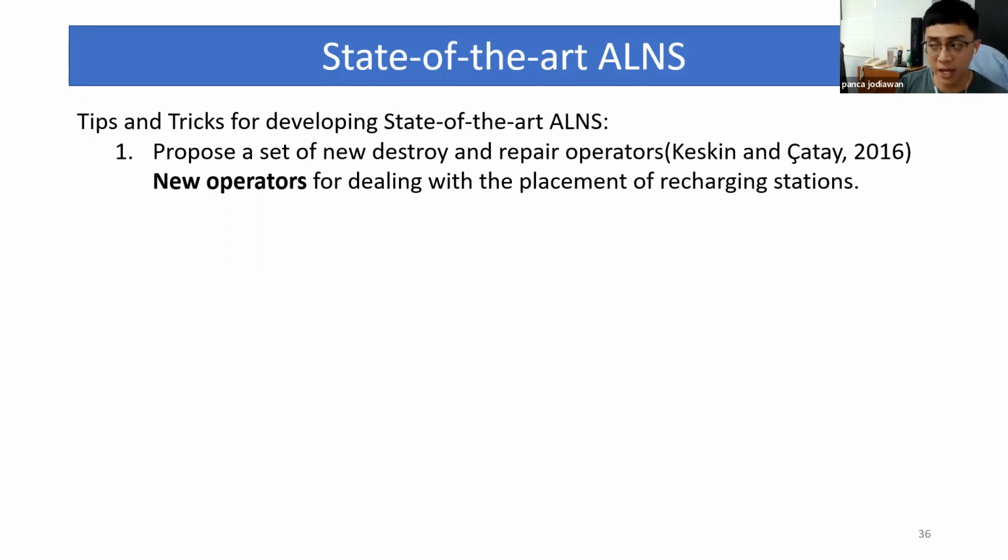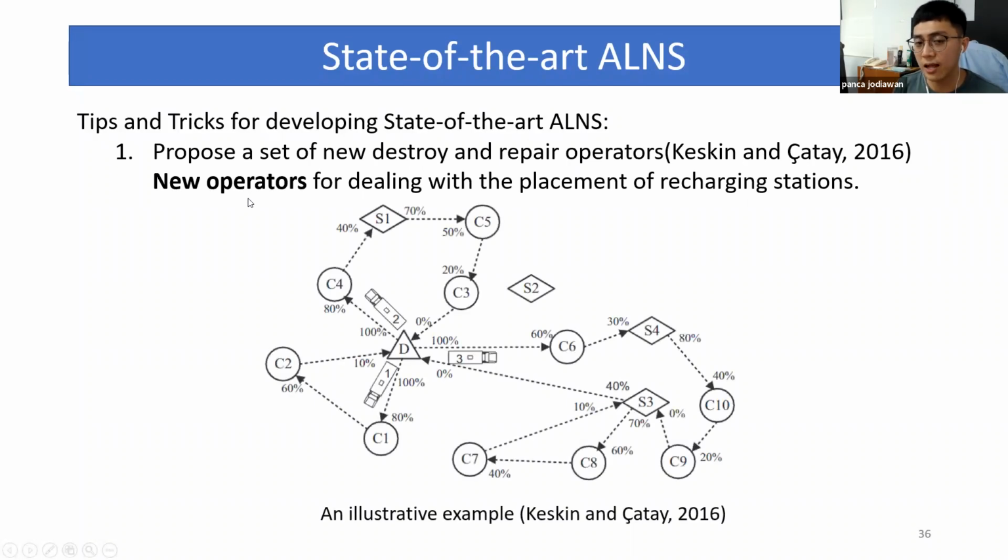I take the paper from Keskin and Çatay in 2016. They are dealing with the electric vehicle routing problem with time windows and partial recharge. The main difference, if you compare the CVRP and electric vehicles, is that for electric vehicles they consider the state of the battery for each vehicle, right?